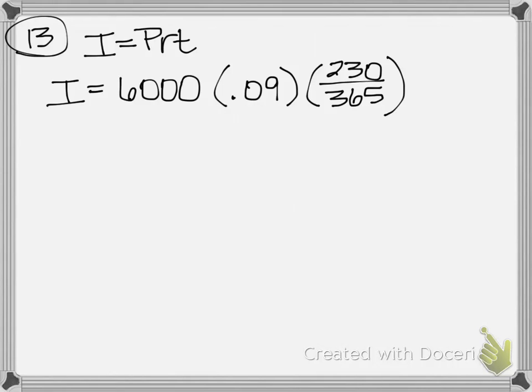Now, this is why you really want to have a calculator, because would you want to do this by hand? Absolutely not. You could actually put this whole thing in your calculator the exact way you see it by using your fraction key.